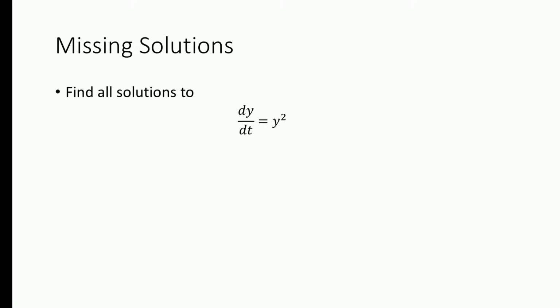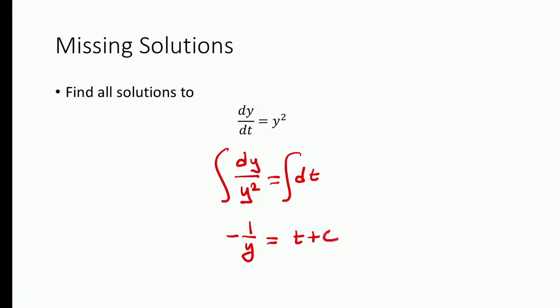But if we solve this using our separable techniques, check it out. We get dy over y squared is equal to dt. We're going to integrate both sides, and that gives me -1 over y is equal to t plus c. And so that means that y is equal to 1 over c1 minus t, where c1 is the negative of the positive c.